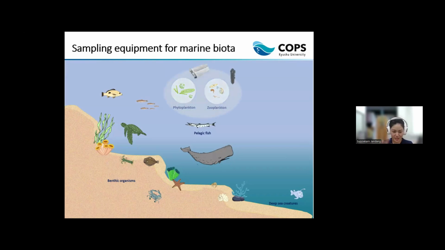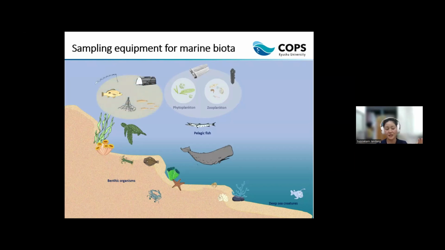Plankton are small organisms from the ocean, including phytoplankton and zooplankton. We can use several kinds of equipment to collect them, as you can see at the beginning of the slide. You can also use a skin bottle to collect the plankton.